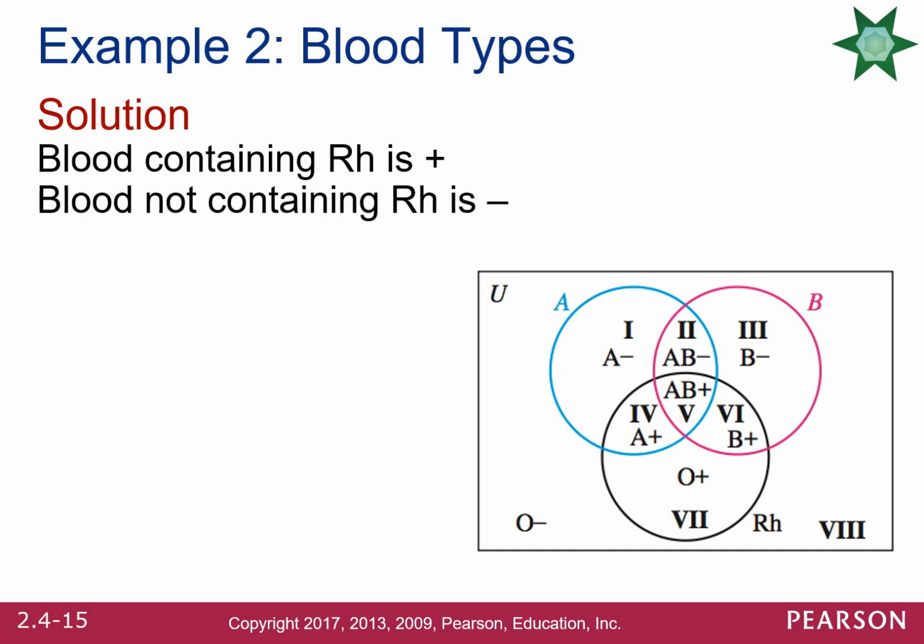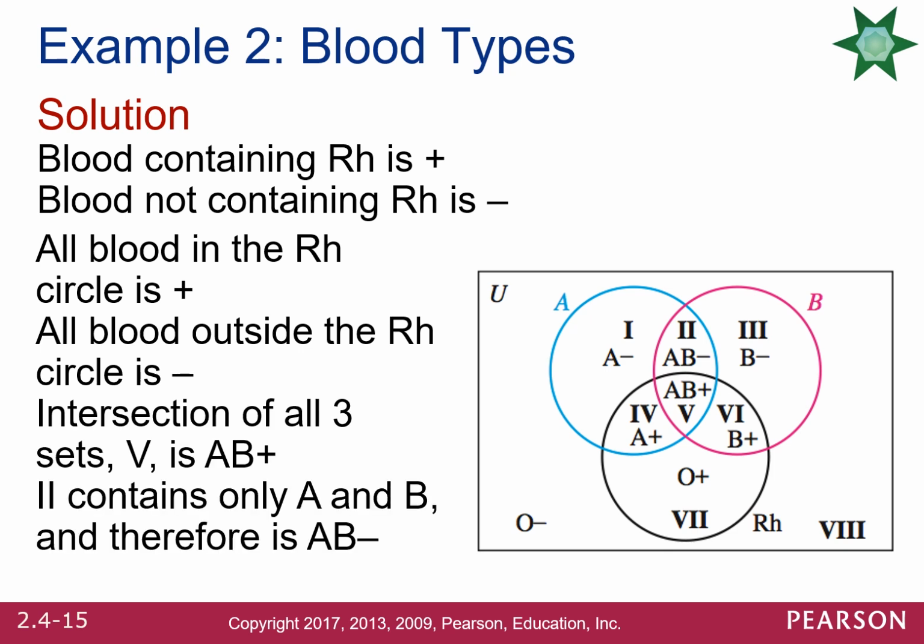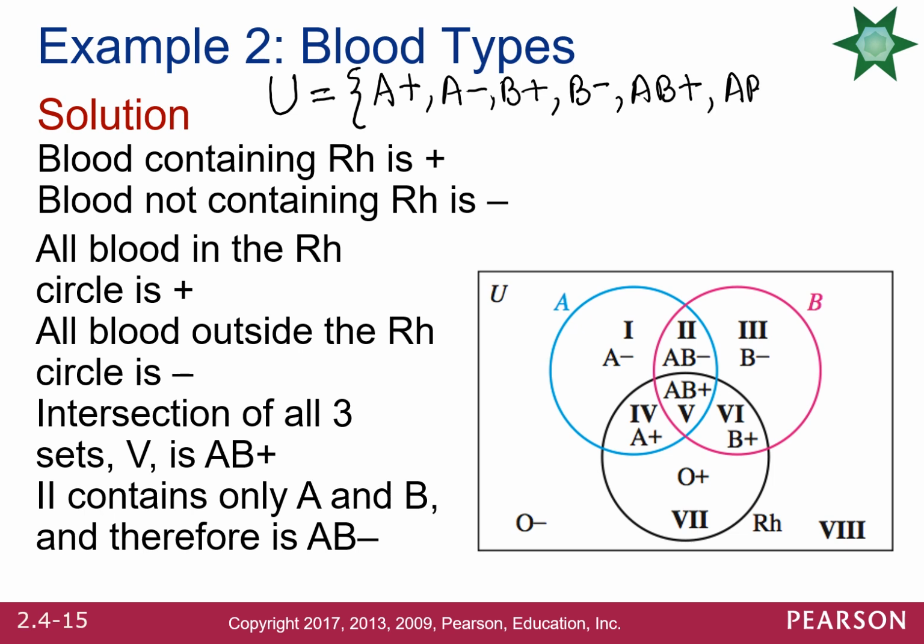So first I'm going to write out the universal set denoted by U, containing A plus, A minus, B plus, B minus, AB plus, AB minus, and then O plus and O minus. So this is a complete set of elements that fall under the universal group.